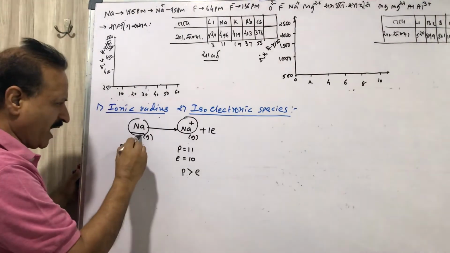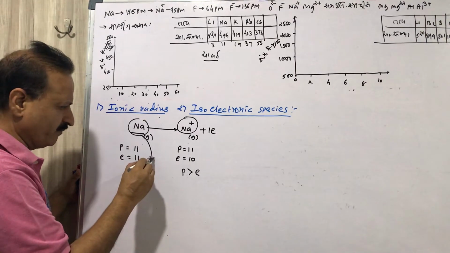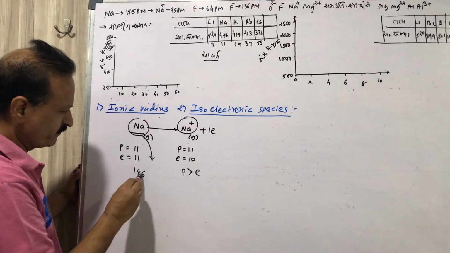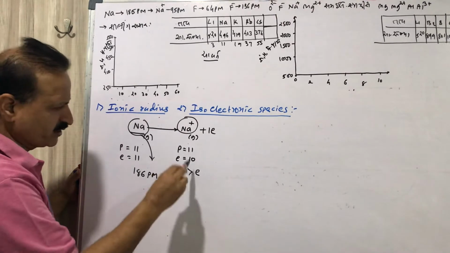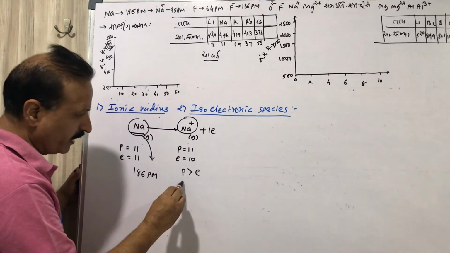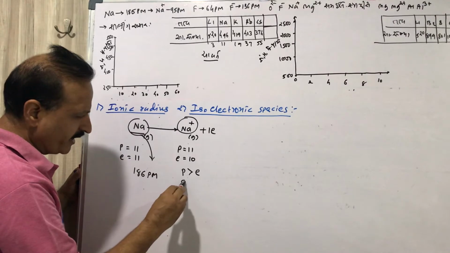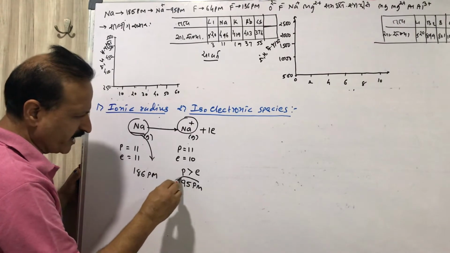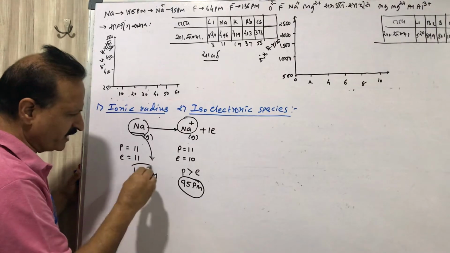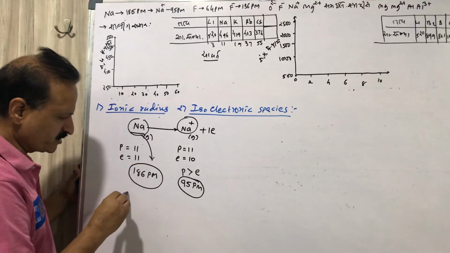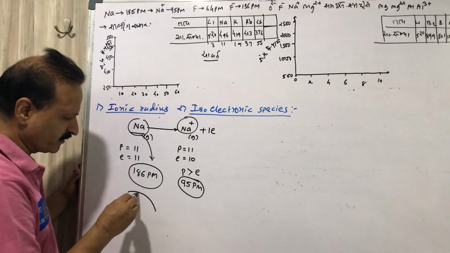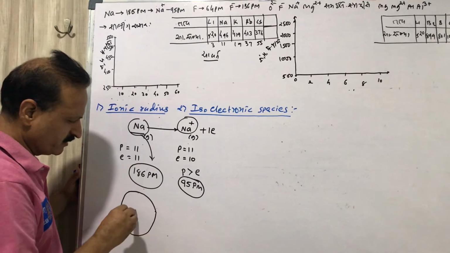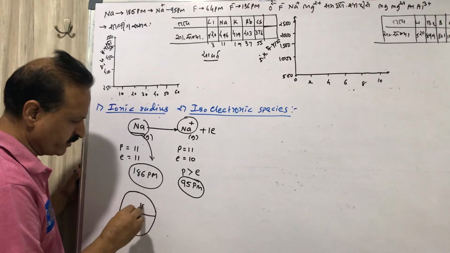The atomic radius of the sodium atom is 186 pm, while the sodium ion has only 95 pm. You just think that it is very much less than this. So this is the sodium neutral atom, this is its atomic radius, suppose this is 186 pm.